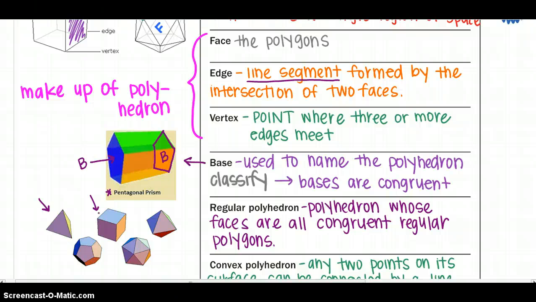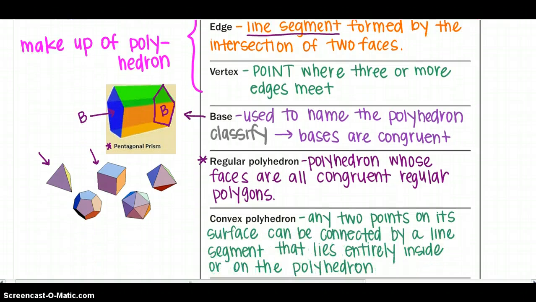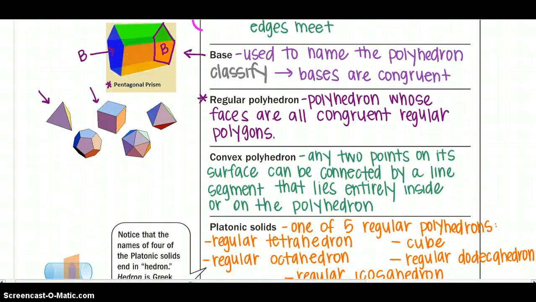And so on and so on. So that is how you can identify regular polyhedrons. Convex polyhedrons, you can classify those as any 2 points on its surface can be connected by a line segment that lies entirely inside or on the polyhedron. And we'll look more closely at those throughout the lesson, but just make sure you get that definition down.